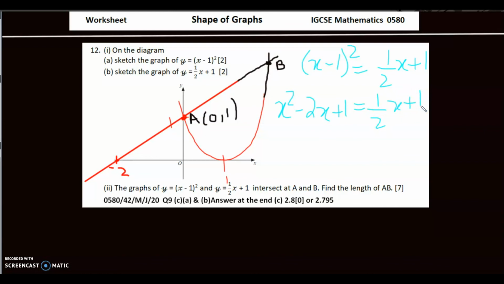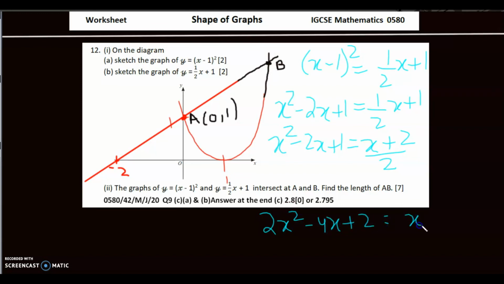I will take the LCM, so x squared minus 2x plus 1 equals (x plus 2) upon 2, which gives me 2x squared minus 4x plus 2 equals x plus 2. Rearranging, I'm getting 2x squared minus 5x equals 0.